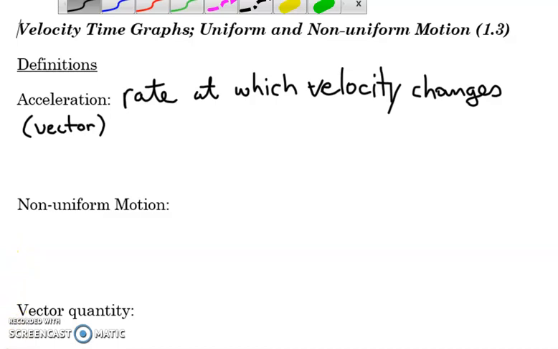Now, when we say the rate at which it changes, an example of this might be something accelerating at 1 meter per second squared. That means as it's going along, it's getting faster and faster. Let's say it's starting at rest, 0. After 1 second has passed, it is now moving at a velocity of 1 meter per second.